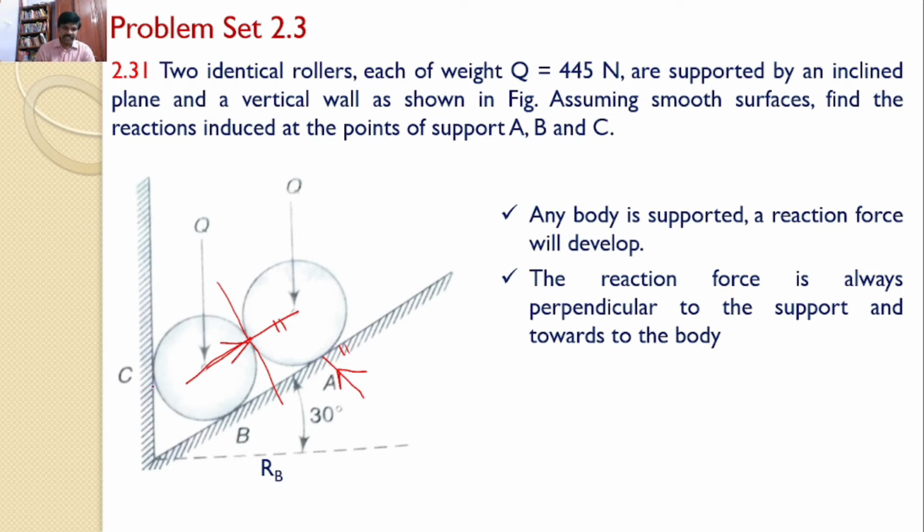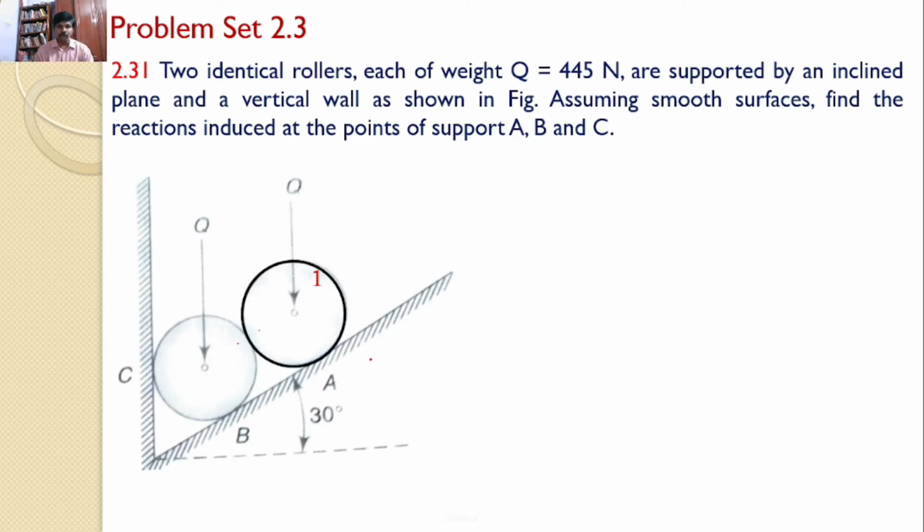Similarly, if you look at this second cylinder, this cylinder is also in contact with this. So here a reaction force will develop and this reaction force will be like this. These two magnitudes must be the same.